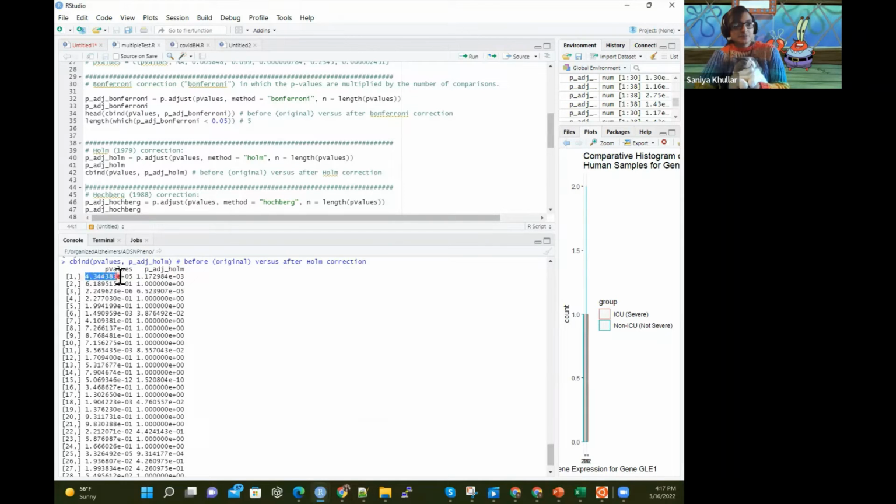So you can see that this is 4.344 times 10 to the negative 5, and now it goes to 1.17 times 10 to the negative 3. By and large, whenever we do adjustments for p-values, they tend to be higher.